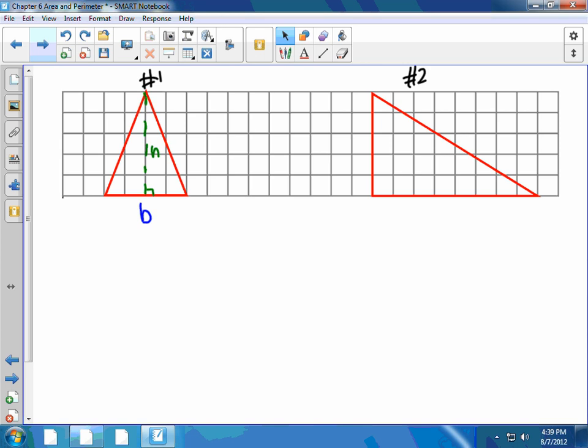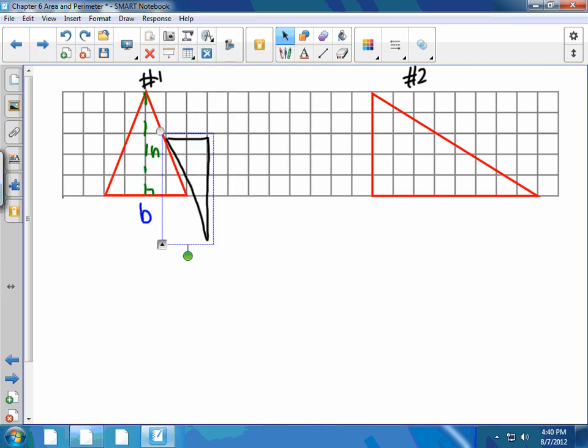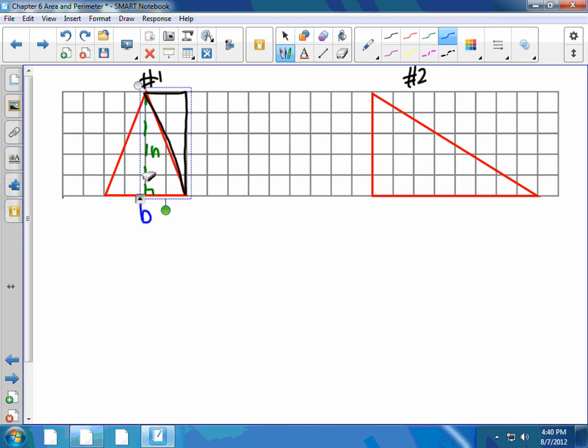And if I cut, I'm going to get two pieces, two triangles actually. And I can rotate this triangle so that it fits with the other side. And you can see we get a rectangle.